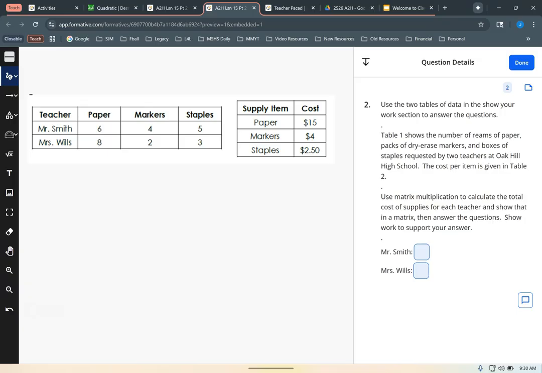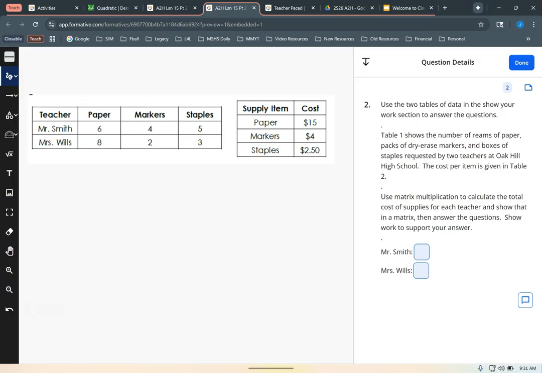So at its base level, here we have two teachers using 3 different types of supplies, and then we have 3 different types of supplies at their respective costs. And we could fill this information up into a table, and then we could ask all kinds of questions about it.